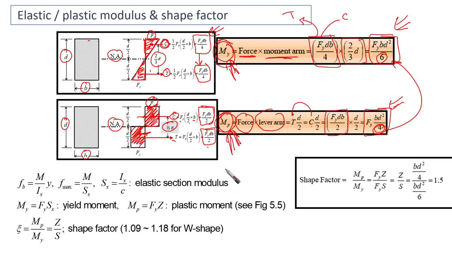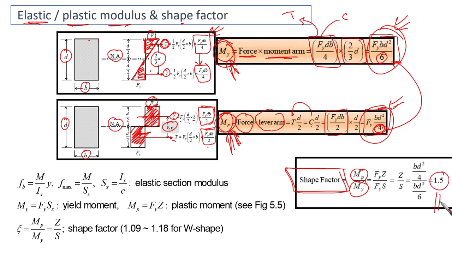Based on this, we can write the relation between elastic and plastic modulus, which we call the shape factor. So if you give the ratio between the two, M plastic over M yield, it gives you almost 1.5 whenever we are talking about a rectangular cross section. Remember, M plastic equals F yield times Z, and M yield equals F yield times the elastic section modulus.